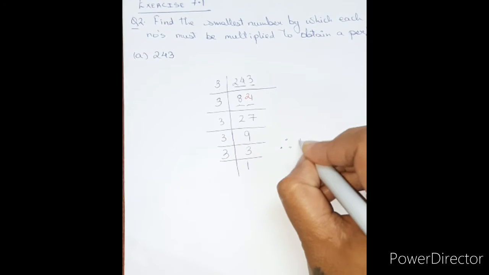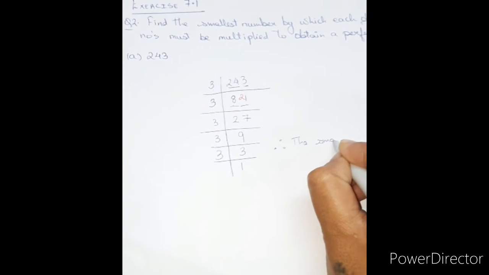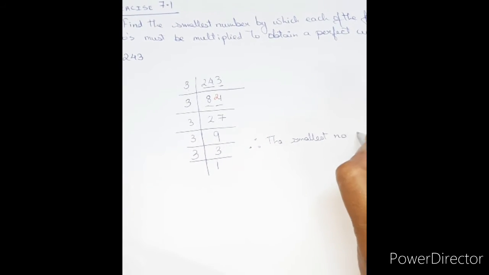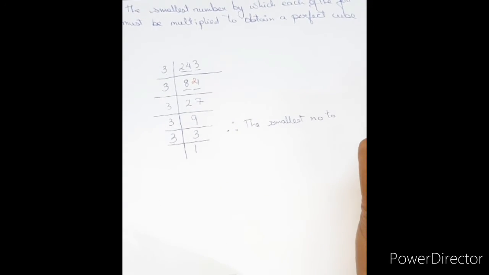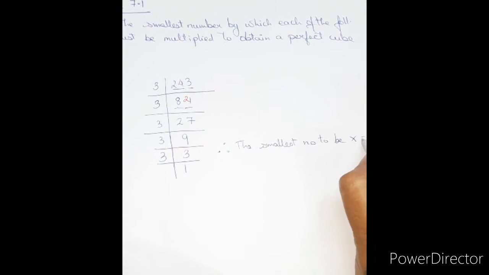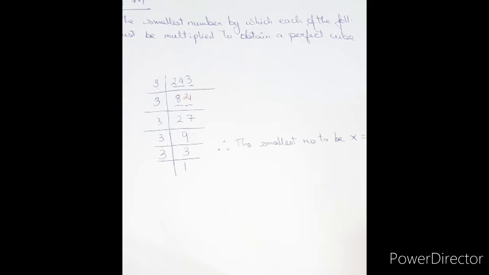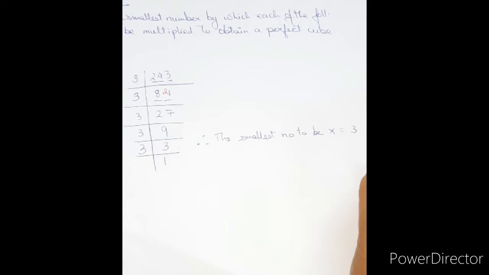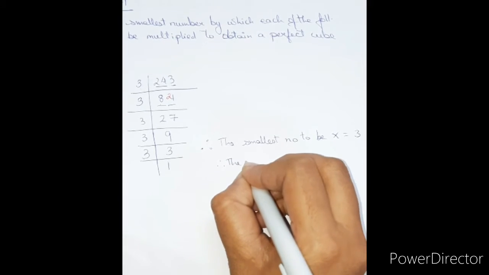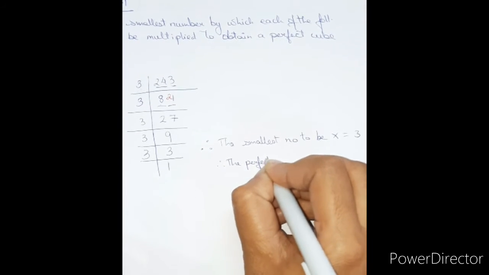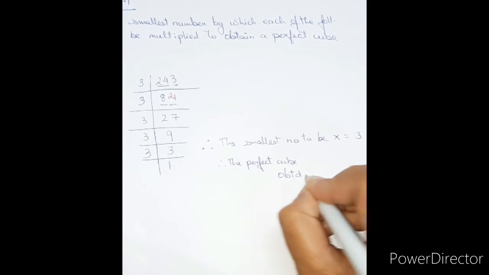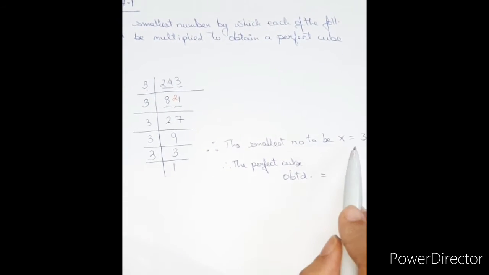Therefore, I need to write the smallest number to be multiplied is 3, to get a perfect cube. Why did I take 3?